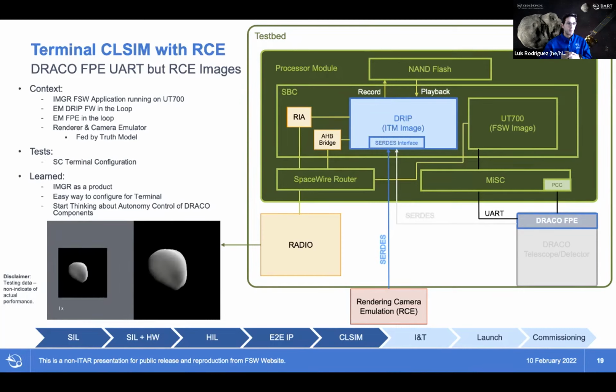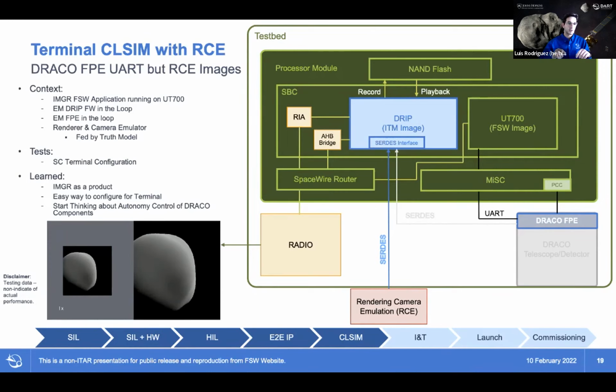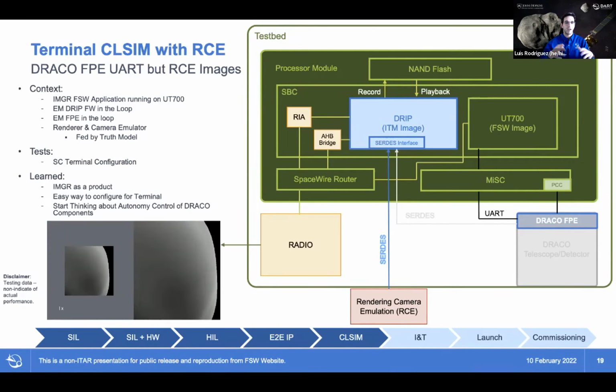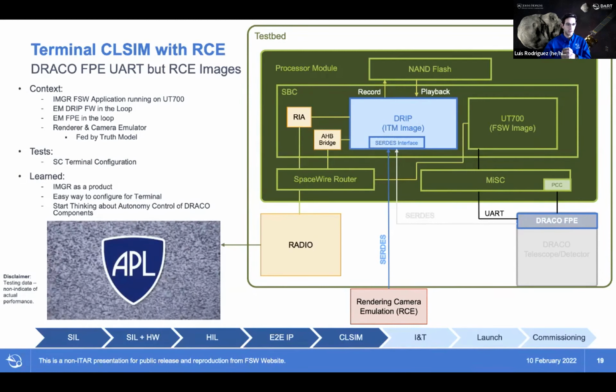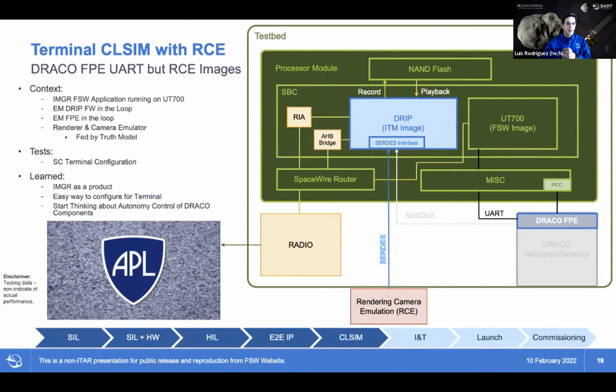And the tracking is being done real time in this closed loop simulation. We're doing all this through a configuration that was done at the very beginning of the operation through the flight software imager application.